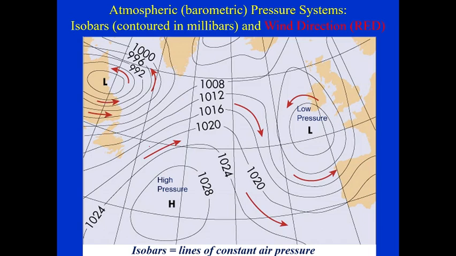So I want to ask you a question. If you were going to be the wind or be the air, and let's say you were over here at the high pressure area, where would you likely go? Well, because this is high pressure and over here is low pressure, many people might intuitively think that the air is just going to travel across the isobars and go to the low pressure area.